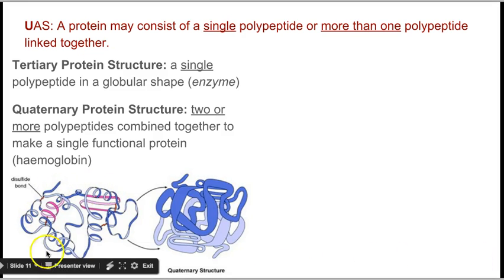So we can see here the tertiary structure held together by a bunch of different bonds, including disulfide bonds you can see here. And when we get one of these polypeptides, which might be represented by the dark blue here, joined to another, the light blue, then this is considered a single functional protein, even though it's made up of two different polypeptides.